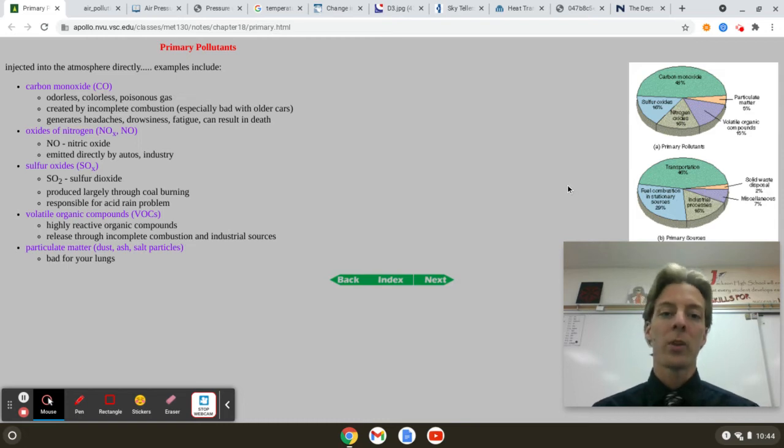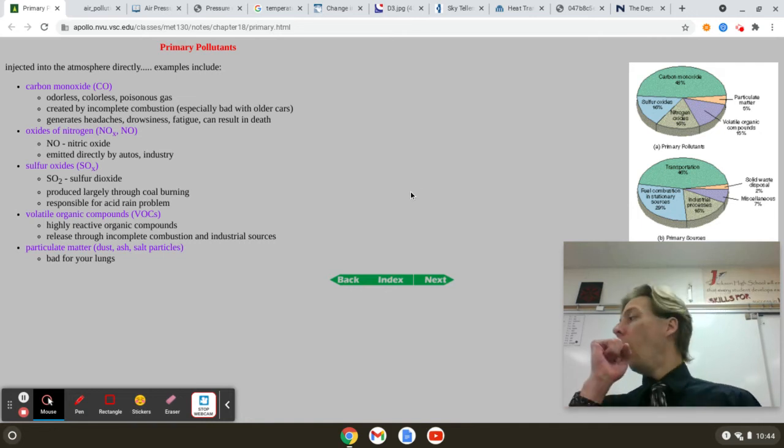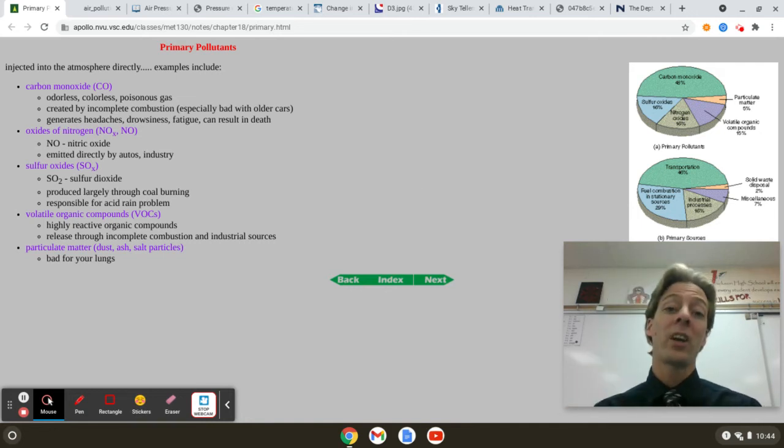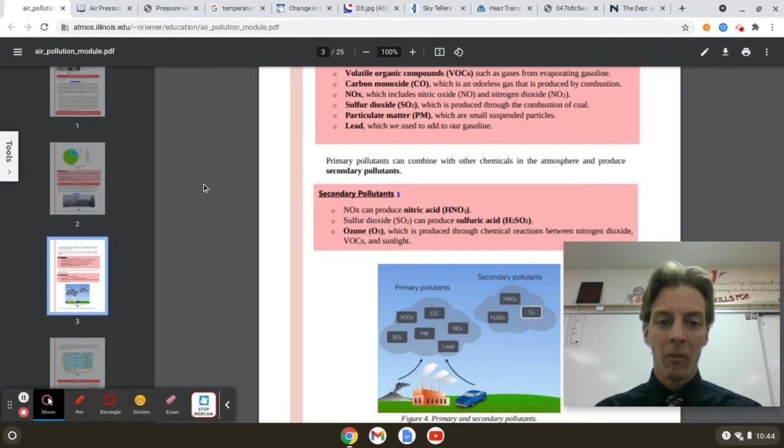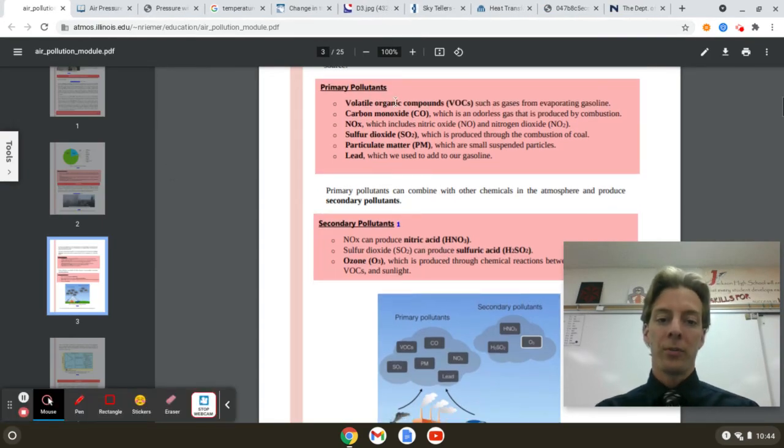So this is where the primary pollutants come from, and then they can have chemical reactions and make secondary pollutants. Primary pollutants, your VOCs, your carbon monoxide. One more, particulate matter. That's the stuff, soot, ash, dust. It's particles. It's not just a gas. It's a solid thing lifted up into the air.